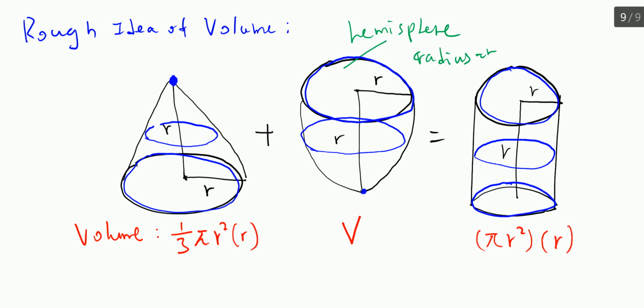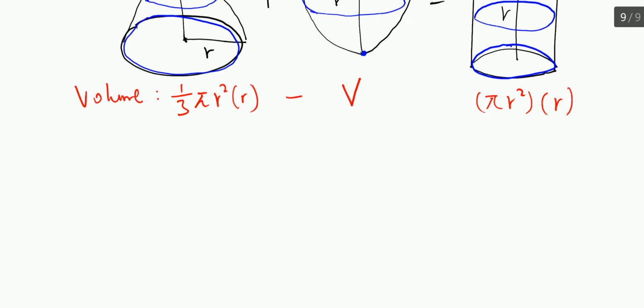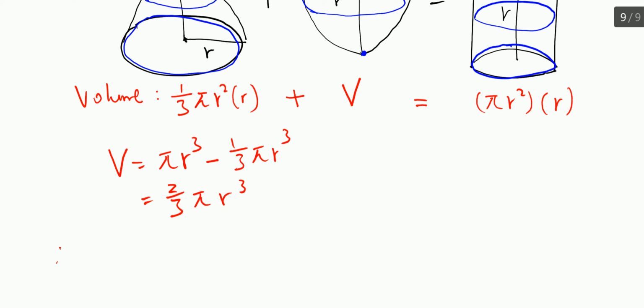If I add the volume of the cone and the volume of the hemisphere, I obtain the volume of the cylinder, so V should be pi r cubed minus 1/3 pi r cubed, that is 2/3 pi r cubed.